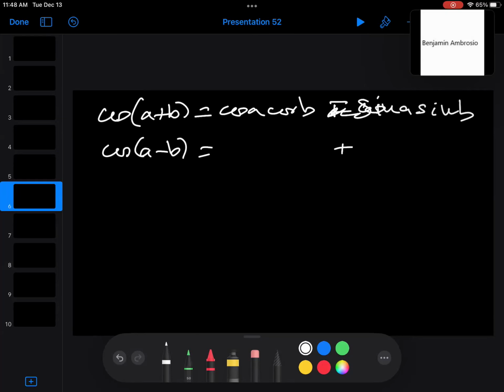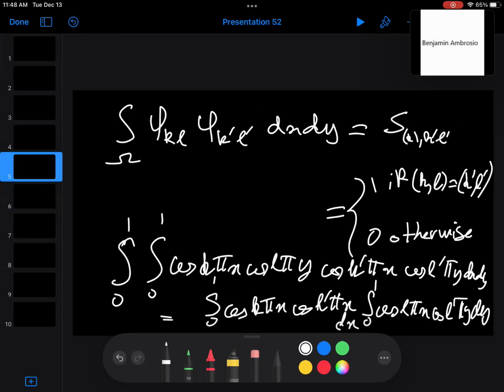Here you get a plus, and so if you sum up these two, you get 2 cos a cos b, and we did that last time. So this is 0 if k is not equal to k prime, and when k equals k prime, this will be 1/2. All right.